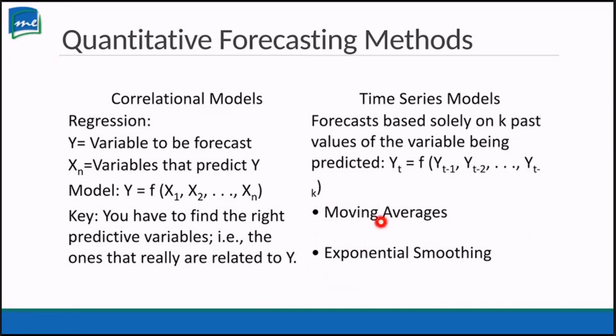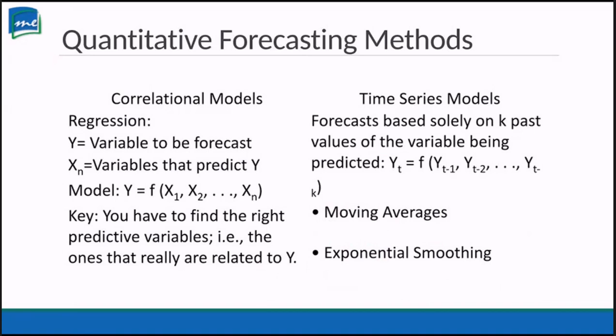For those two models, you don't need to collect a lot of data and you don't need to use complex math because the forecasting you want to make is straightforward. For example, if we think back to the data patterns, if your data pattern fits the horizontal pattern, which means all the data you collect fluctuate across the mean or the average, you can use those two simple ways to make forecasts.